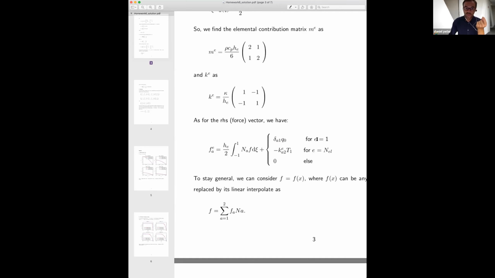So for element 1 on nodal point 1 in your local reference element, you have to add this Q0 factor. To F1 or F2? This will be F1. So you are in the local reference, and on this boundary, you only have it on F1.